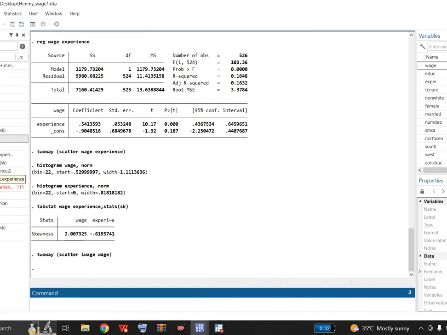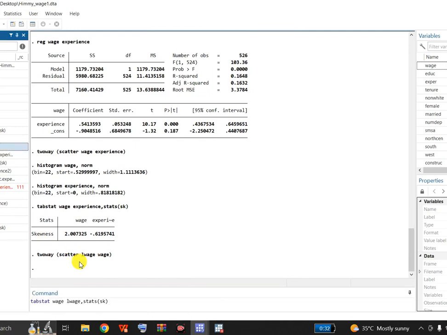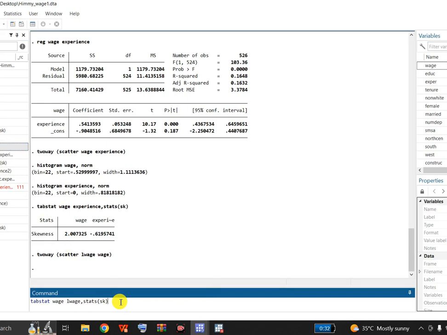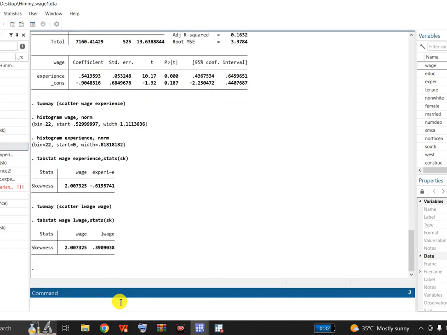And after that, we may also check the skewness test of the log of wage and the wage, and when we took the log of wage, the skewness value decreased from 2.007325 to 0.39.